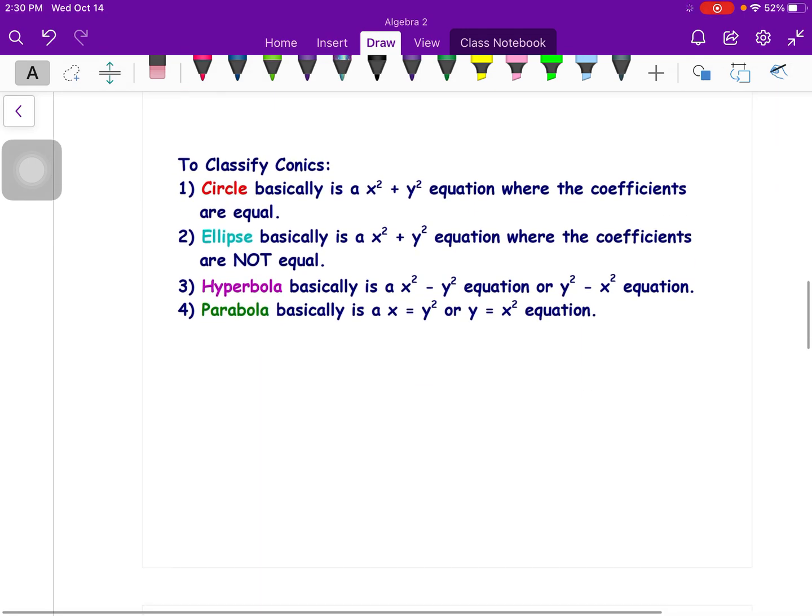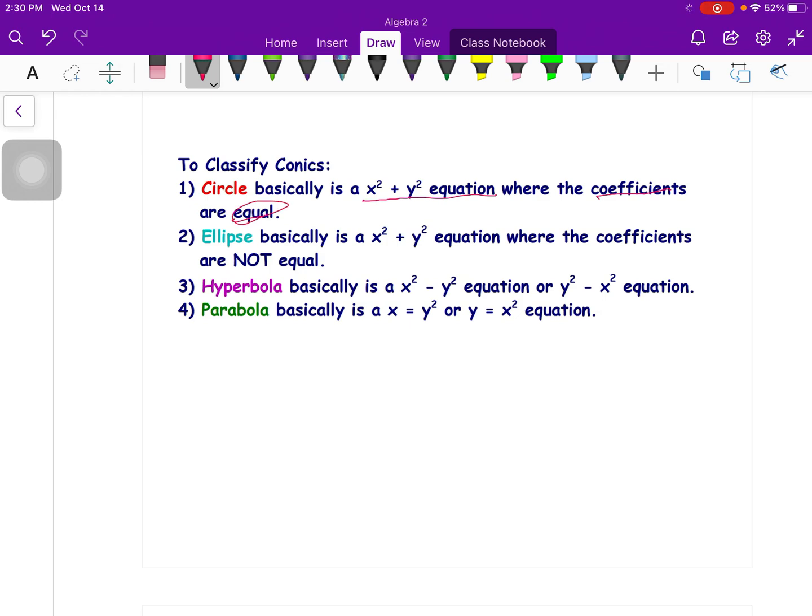So remembering that, when we are going to classify a conic, we must look at what our equations start to look like. So a circle is basically an x squared plus y squared equation with coefficients that are equal.